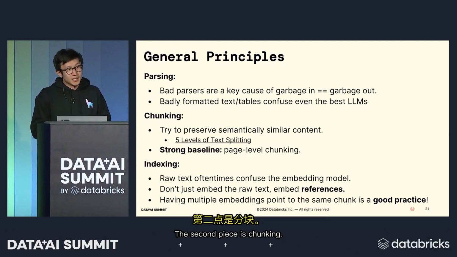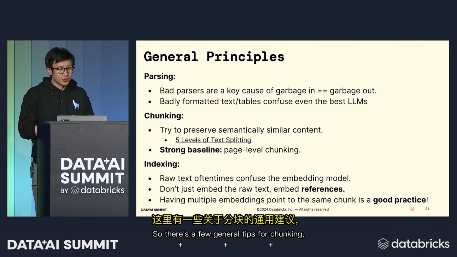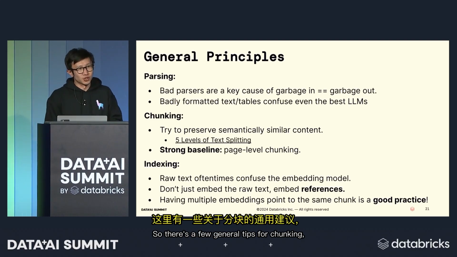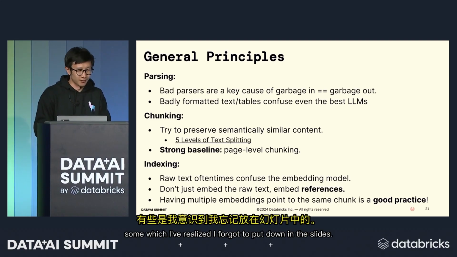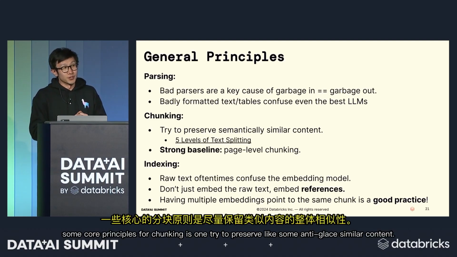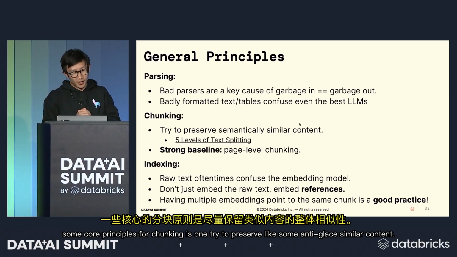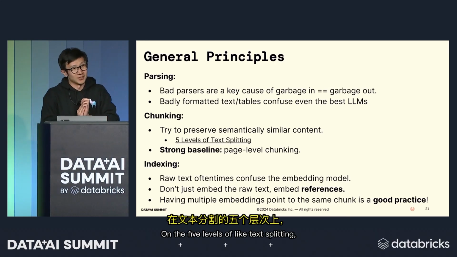The second piece is chunking. There are a few general tips for chunking, some of which I realized I forgot to put down in the slides. But the core principle for chunking is, one, try to preserve semantically similar content. I think Greg Kamradt has this famous tweet on the five levels of text splitting.